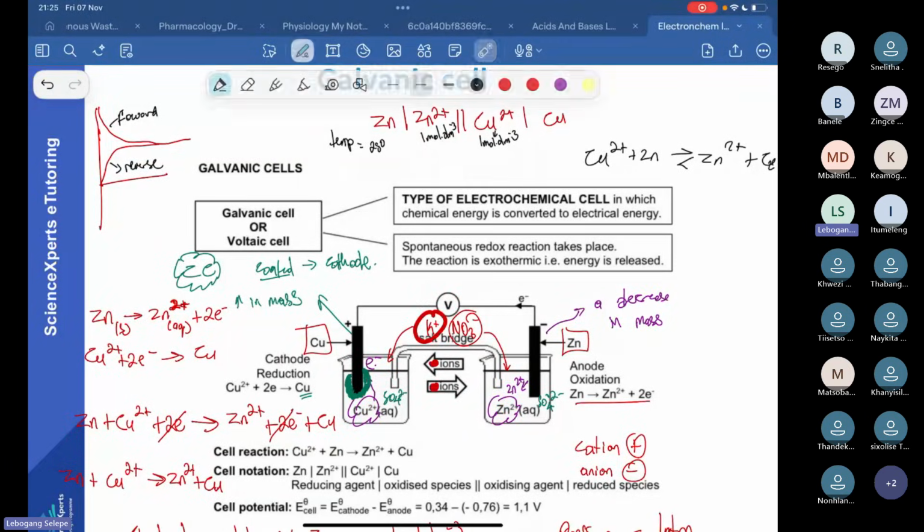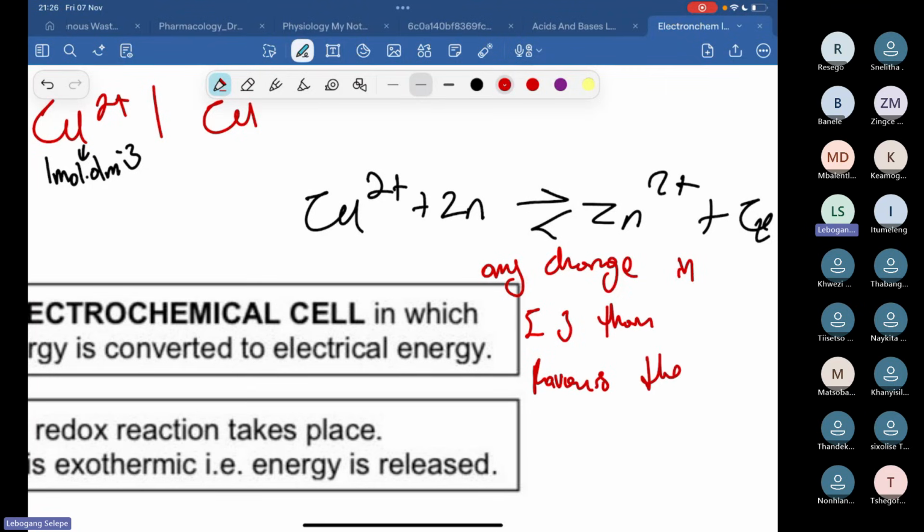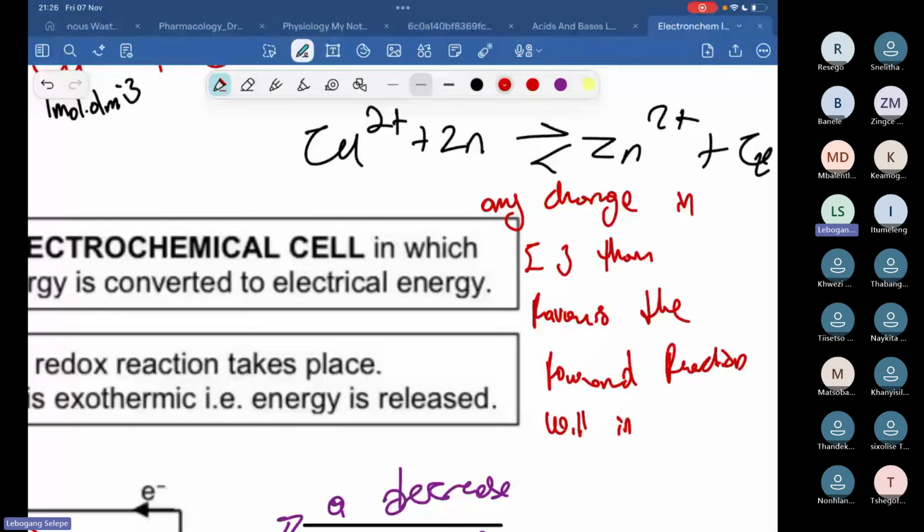So I'm not gonna say any more details here. I'm just gonna say any change in concentration that favors the forward reaction will increase the cell potential.